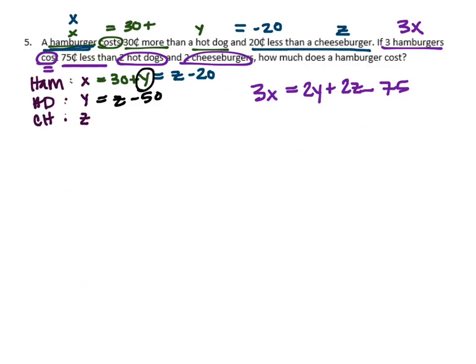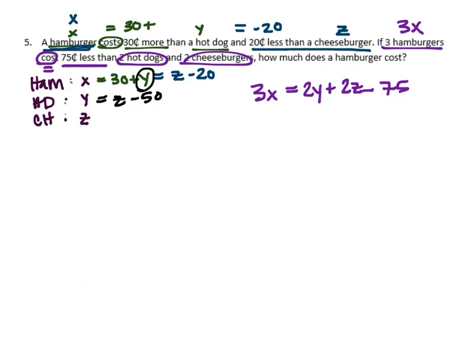Okay, now with this, I've got a whole lot of information going on. But for x, I can substitute in and make that equal to z minus 20. I'm going to use the other one over here because I have 2 different options that I can use.